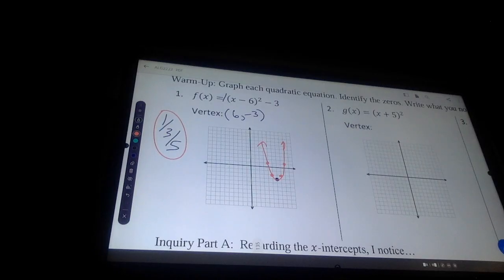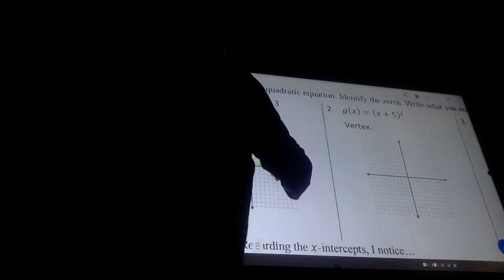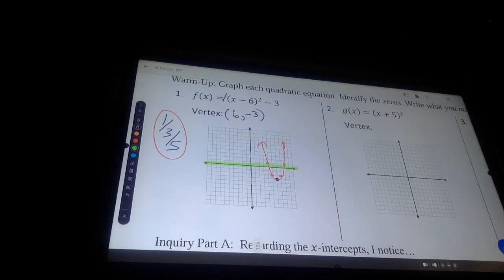So, question for you. Does this parabola cross the x-axis? Does it cross the x-axis? Do I cross that? Did my pattern graph land right on it?